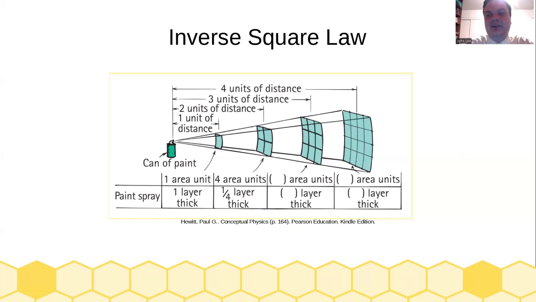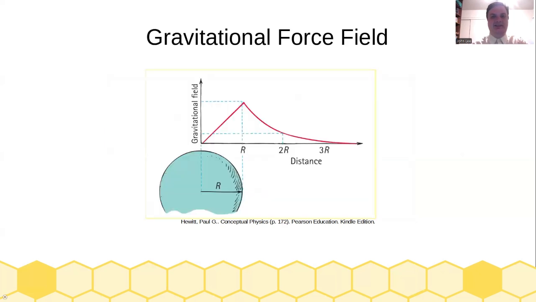If you go 5 units away, it's 1/25, and so on and so forth as it goes out into the distance. This can be seen in this diagram where if you look at the highest point of the gravitational force field, where a force field is a mathematical model we use to talk about the force that's experienced by a mass at some distance away from another mass.